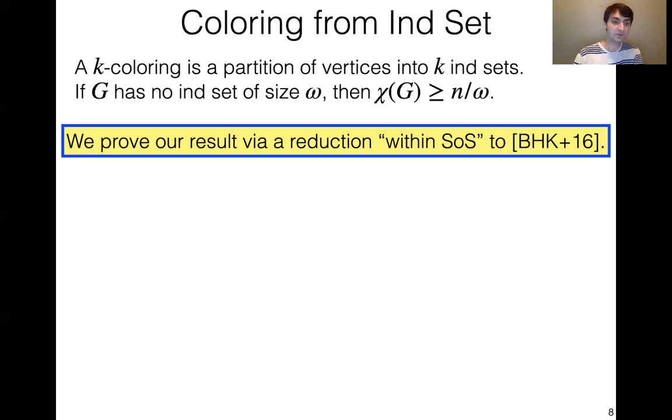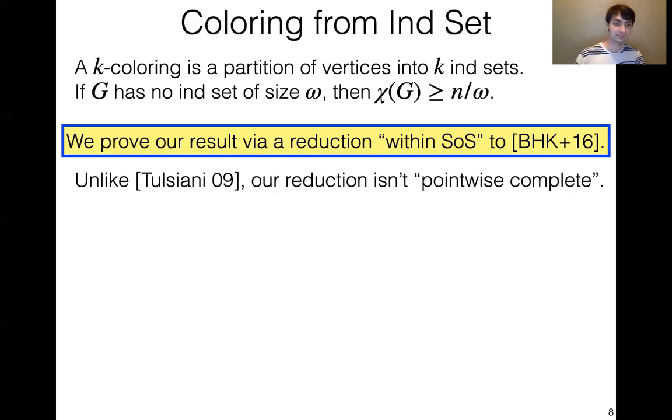So we will, in fact, prove a result via reduction within SOS to the independent set lower bound on the previous slide. But because this implication is not just a generic one, our reduction will actually be fairly non-trivial. Our reduction is unlike prior reductions within SOS, primarily those based on the work of Tulsiani, because our reduction doesn't satisfy a particular property called pointwise completeness.